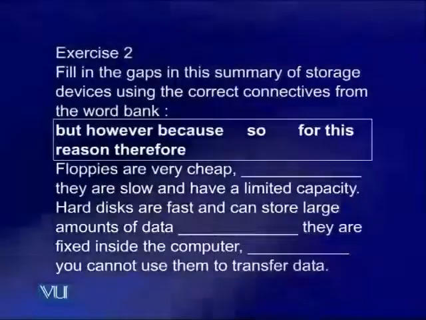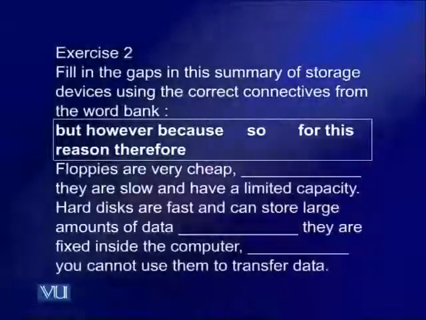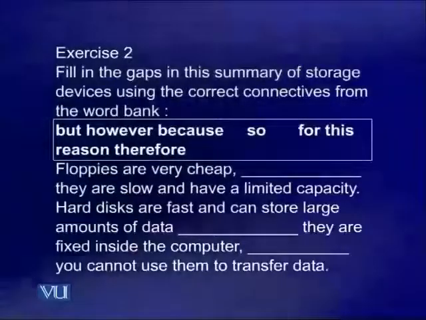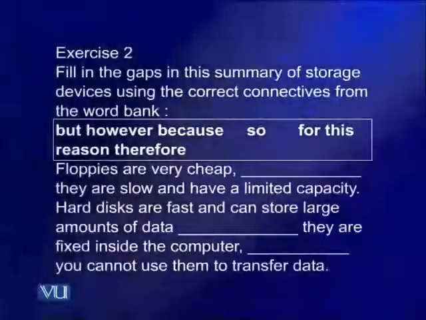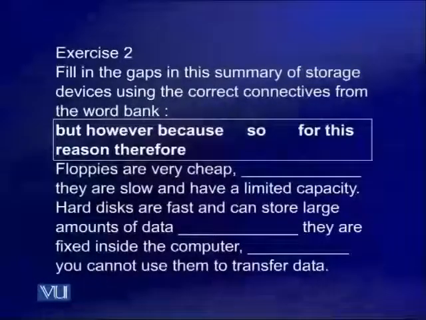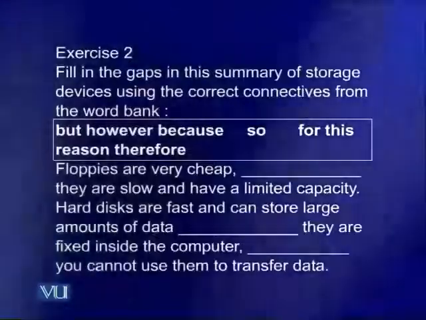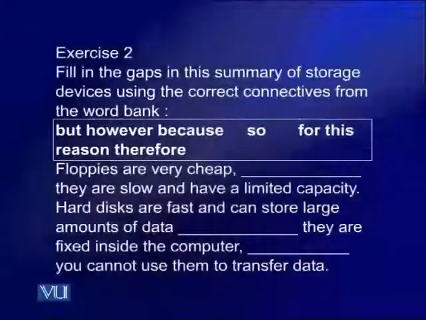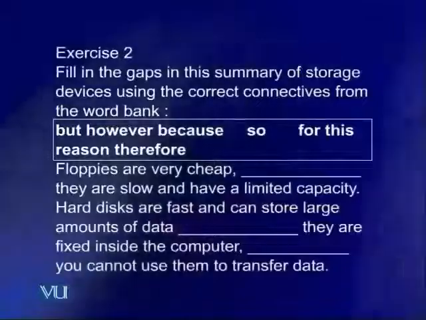Which connective do you think would be suitable over here? It's the word but, because we are contrasting two things. Floppies are very cheap, but they are slow and have a limited capacity.